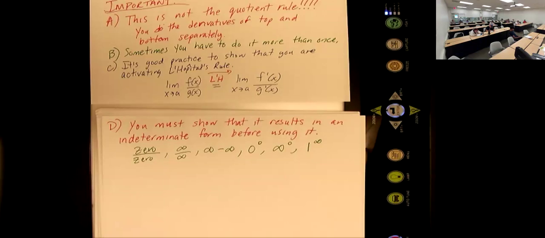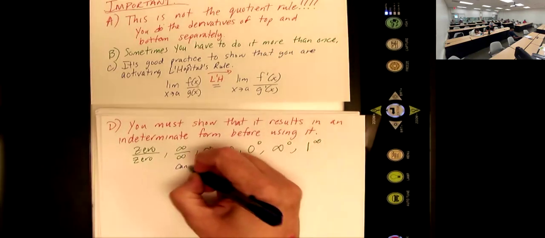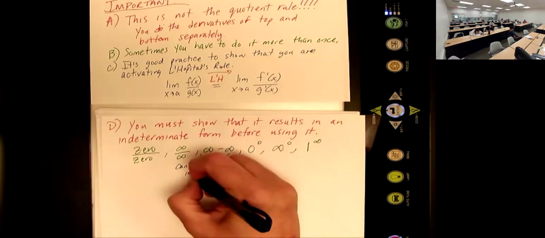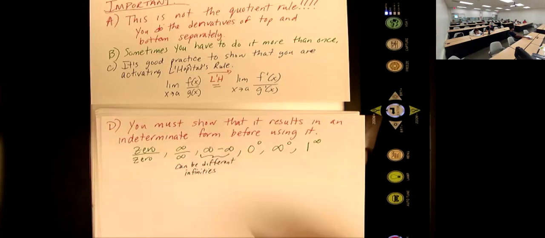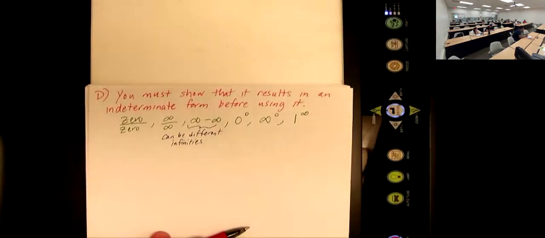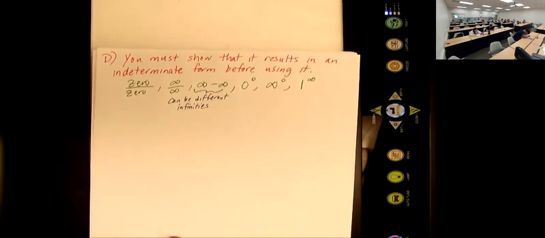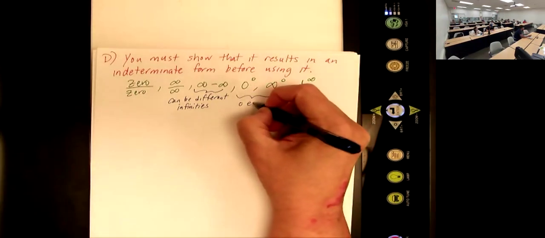The reason why for the other ones, these could be different infinities, which seems silly. I think it's ridiculous, but pure mathematicians, theoretical mathematicians, argue that there are different levels of infinity. On both of these, a zero exponent means 1.